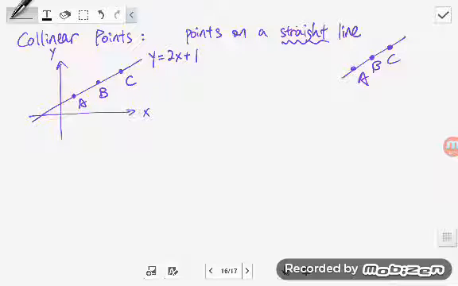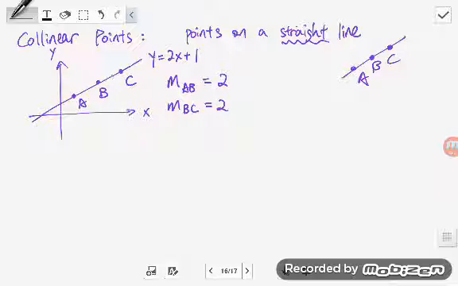What is the slope of AB? What is the slope of BC? I hope your answer is that the slope of AB is equal to 2, because they are on the same straight line, and the slope of BC is also equal to 2.